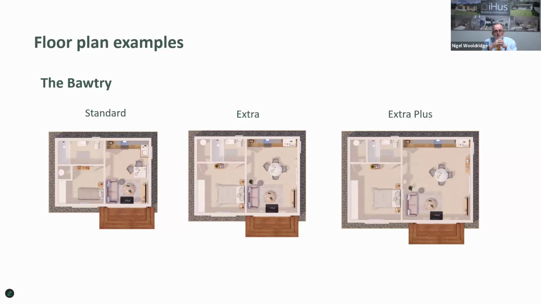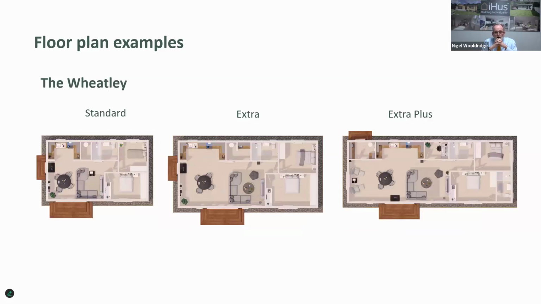These buildings can have a flat pent roof or a pitched roof. You can see how easy they are to bespoke by moving the rooms around internally, and we can make them slightly longer or wider, however it needs to fit your project.